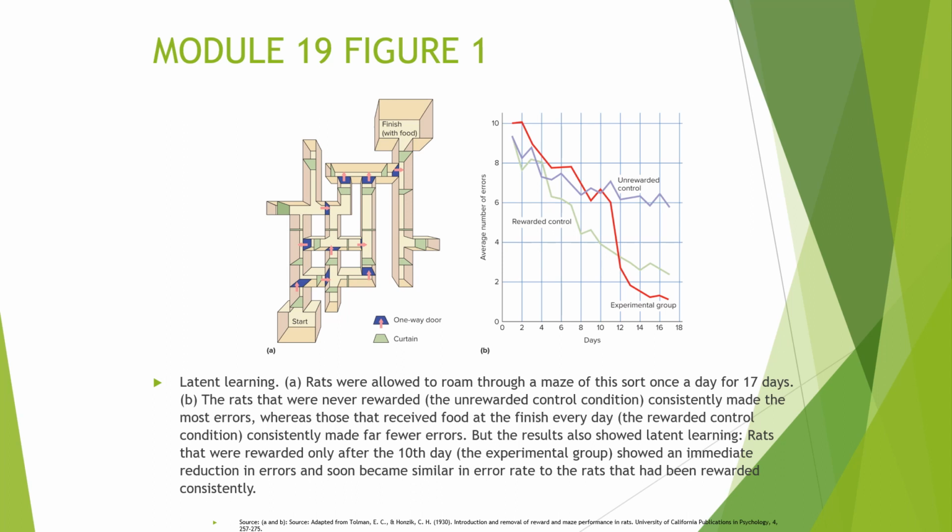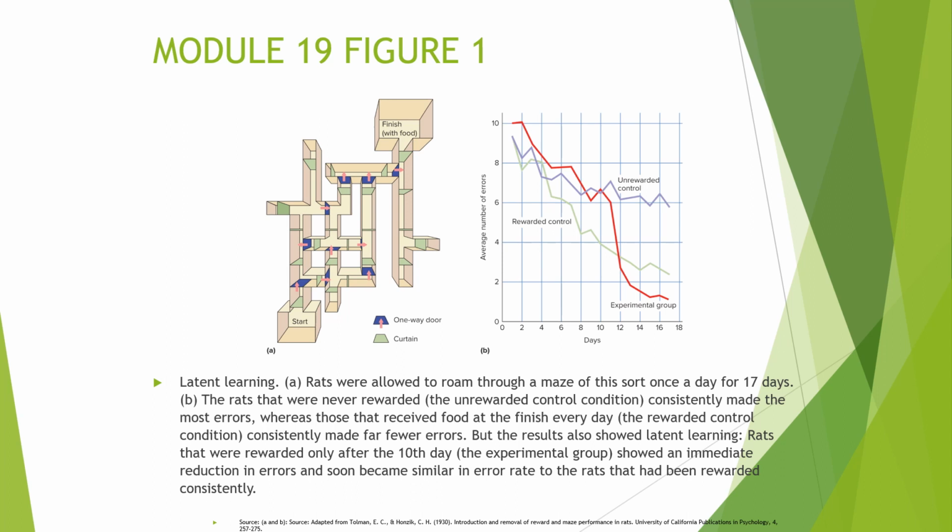So you had some rats that were never rewarded for those 17 days. You have some rats that were rewarded every day for 17 days. And you have some rats that were only rewarded after 10 days.